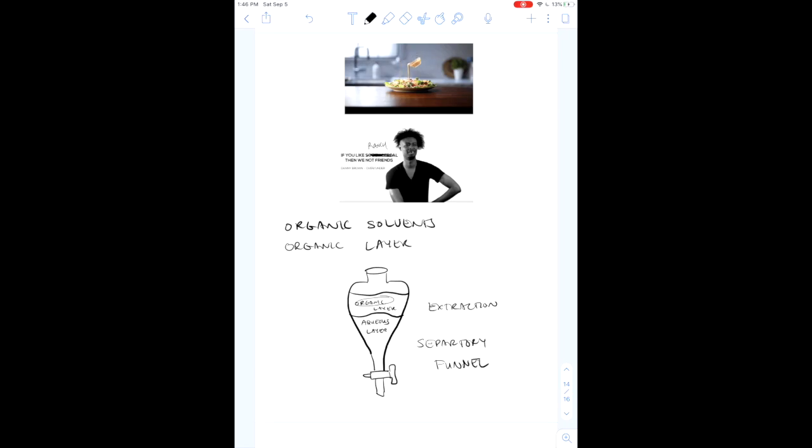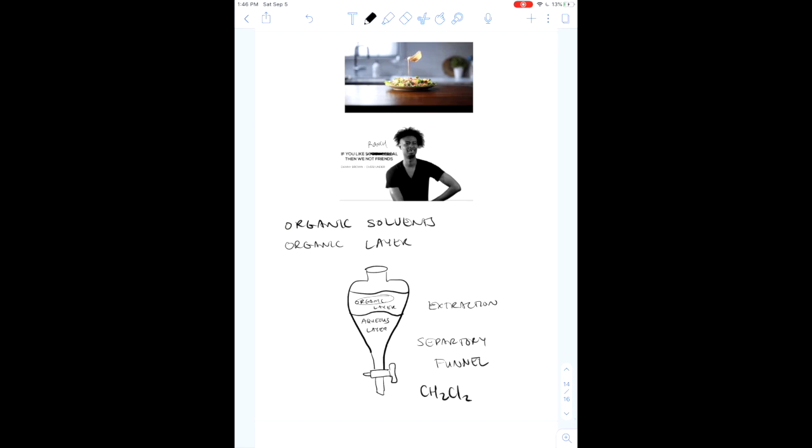Because we brew our coffee and tea in water, but we can also extract it with something called methylene chloride, CH2Cl2, or let's say ether or some organic layer. And so sometimes the organic layer can be on the bottom, sometimes it can be on the top. I just happen to draw it in this manner right now.